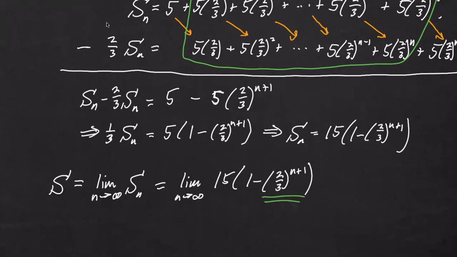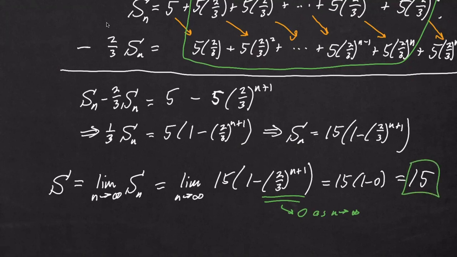And so this goes to 0 as n goes to infinity. And so in fact, we just get 15 times 1 minus 0, which is 15. And that's our answer. That's the sum of this infinite series.